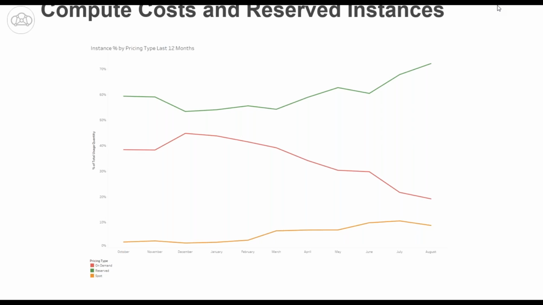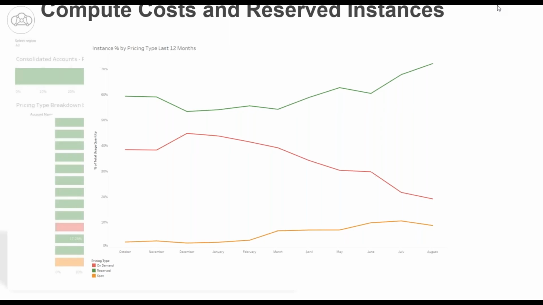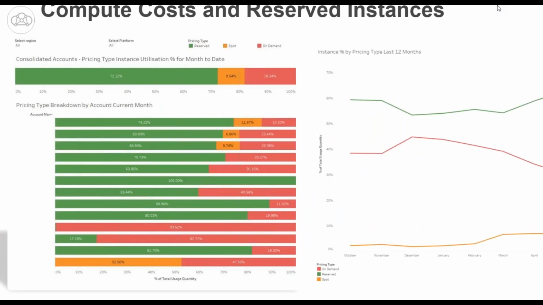How much coverage do we actually have currently across all of our consolidated billing accounts? How much coverage do we have per account? We knew that we could get all this information really easily and just provide a really quick snapshot for our exec team on what that looked like. But we actually knew that we could get more info. We could dive deeper into it and get some better analytics.